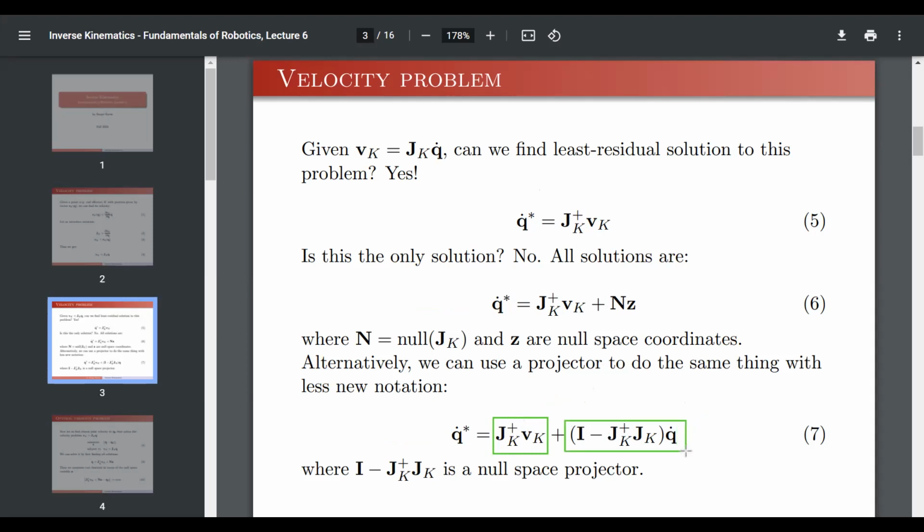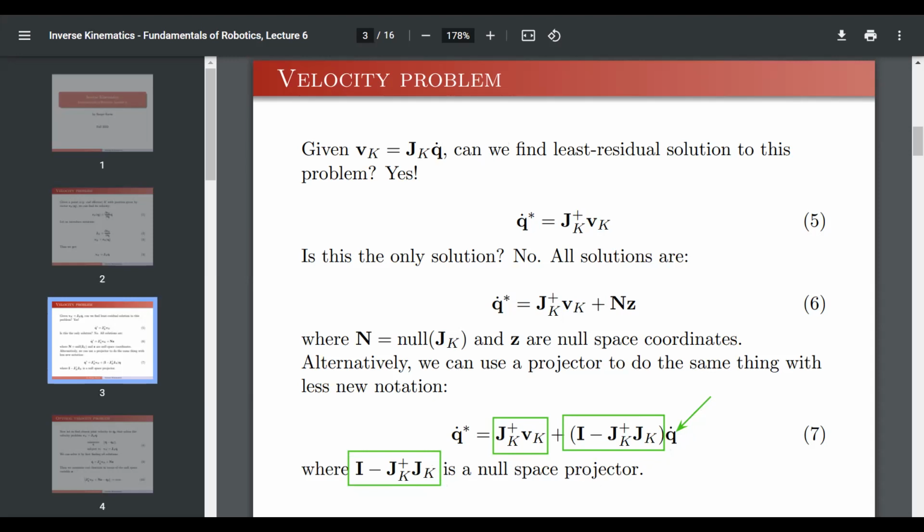What this does, it takes as input any Q dot whatsoever. And here it multiplies it by a projector. This is a null space projector onto the null space of J. So you get J, just a projector matrix, right?